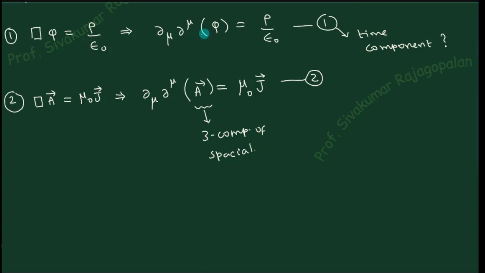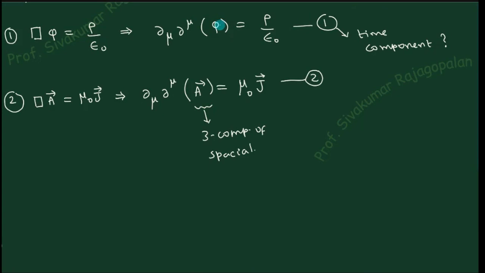Does it contain the time component in the first part? That is what you are going to think. Why do you want to think this? There is no doubt, because the A vector is there, right? You don't have any option for time there. So the A vector is actually a three-dimensional space vector. So that you make sure. Now here something is not clear, because this is actually a scalar quantity.